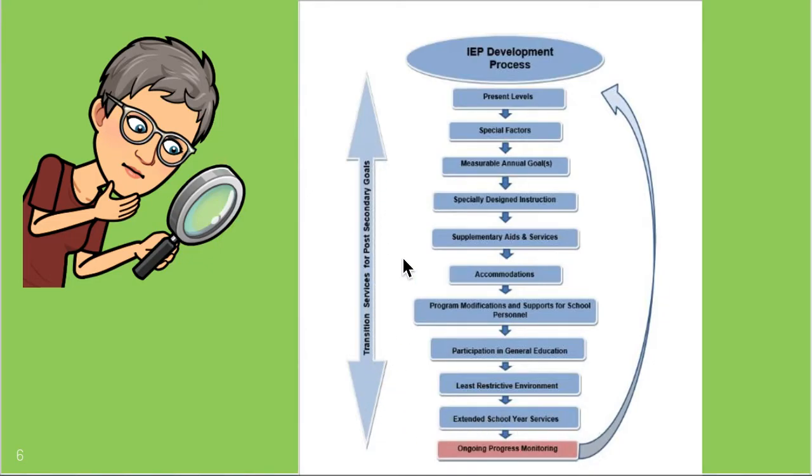So you'll see we're also considering transition services for post-secondary goals as well. And this process just continues over and over again annually for students. This red, this ongoing progress monitoring, that's our baseline. That's our baseline data that we always have as we move forward.